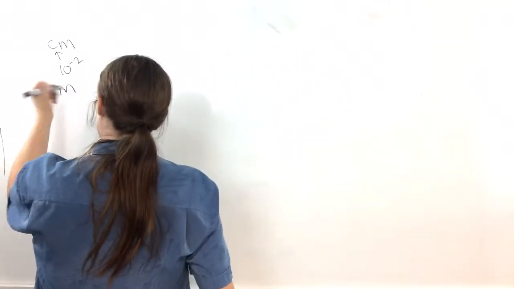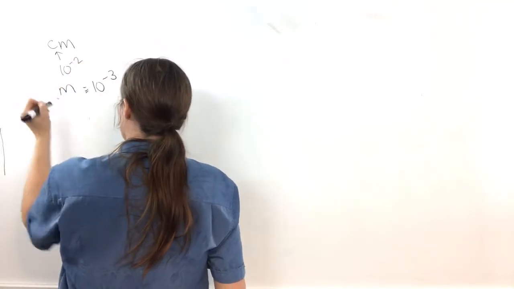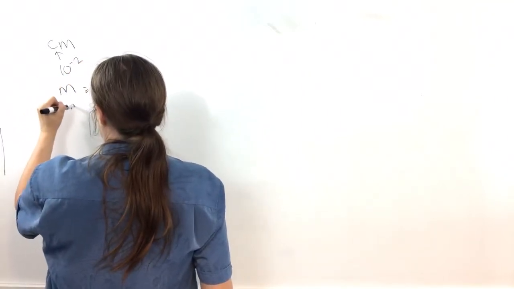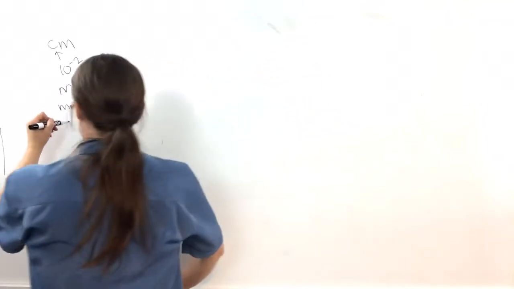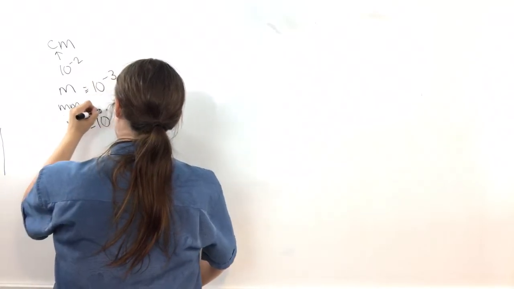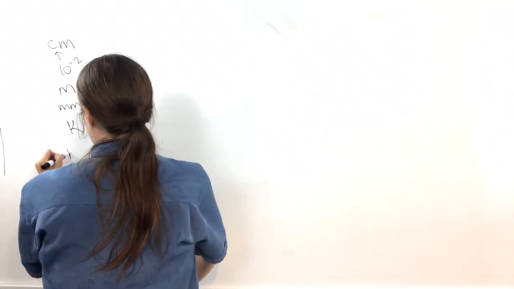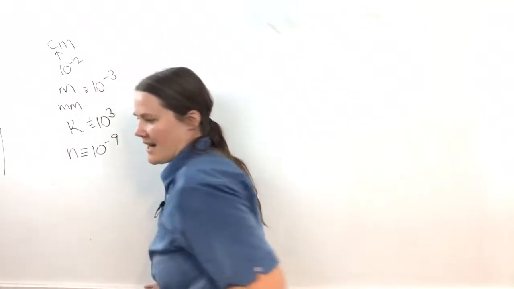Let's say milli, this is equivalent to 10 to the negative 3. Millimeters would be an example that you've probably heard of. Kilograms, so kilo is equivalent to 10 to the third. Nano is equivalent to 10 to the minus 9.